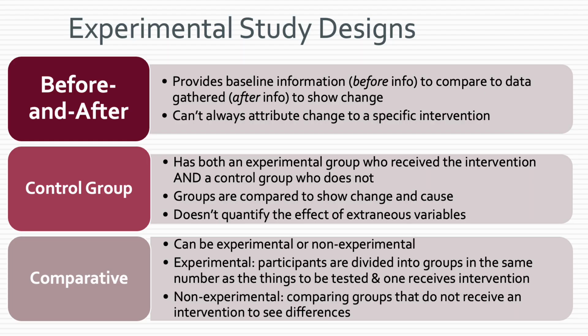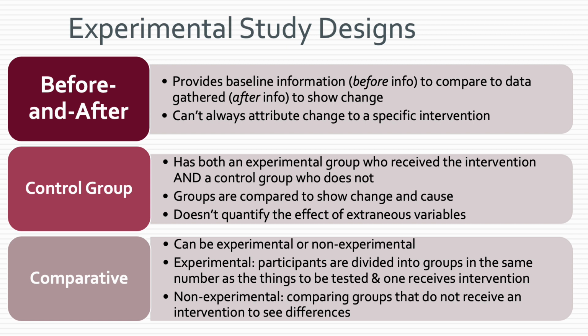Some other experimental study designs include, of course, the before and after that we've already talked about. You can't always attribute change to a specific intervention in those cases, because it might be coincidental, but it is a good way to see if an intervention affects things in one way or another.